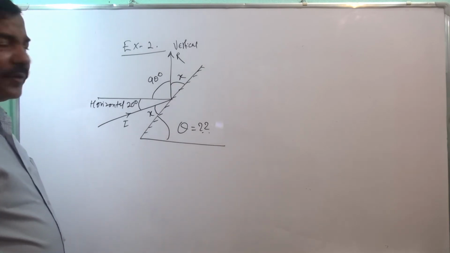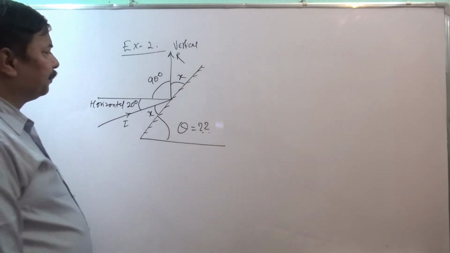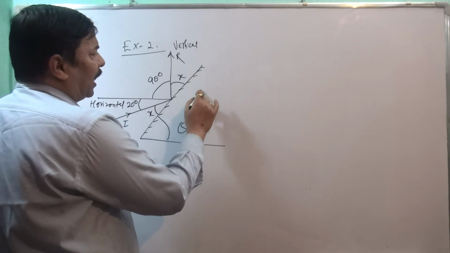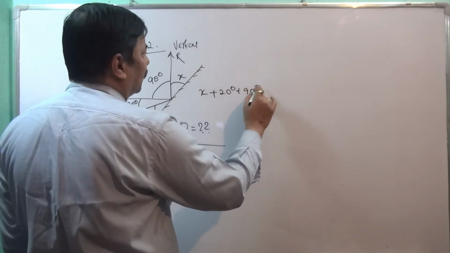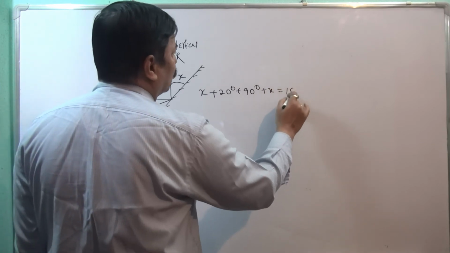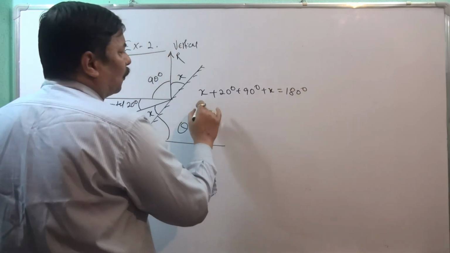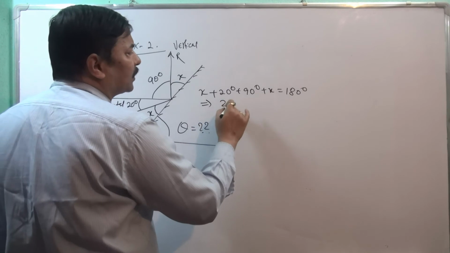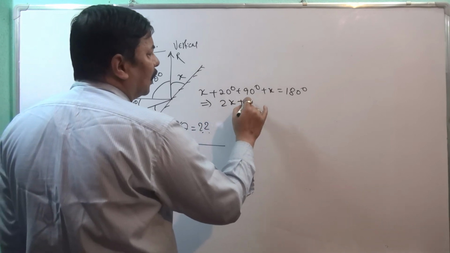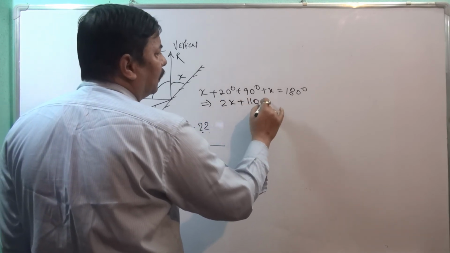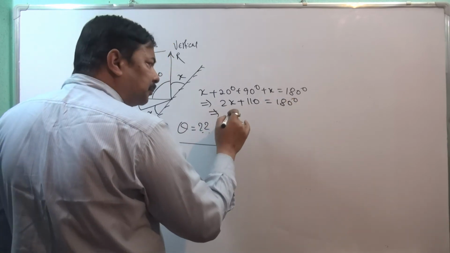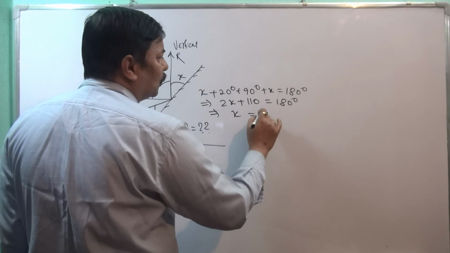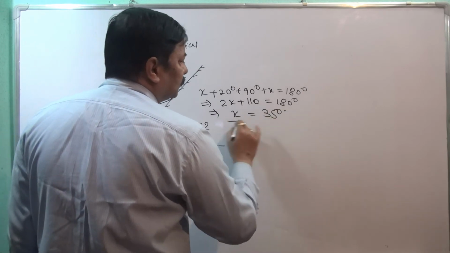So if we take the straight angle concept, x plus 20 degree plus 90 degree plus x is equal to 180 degree. So we get 2x plus 110 equals 180 degree. So we are getting x is equal to 35 degree.